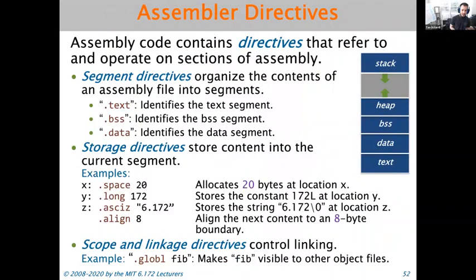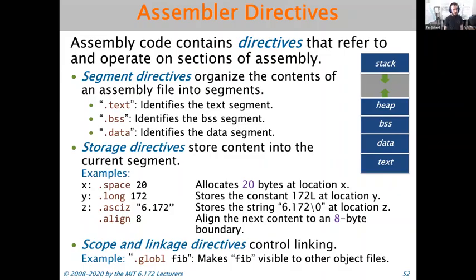Now, if you look at assembly code that you generate directly from the compiler or that you get from using the object dump tool, you'll actually see references to some of these segments within the assembly file in the form of segment directives. These are annotations like .text or .bss or .data, which will organize the content of the assembly file into these different segments and specify how that assembly file needs to be placed in virtual memory at runtime.